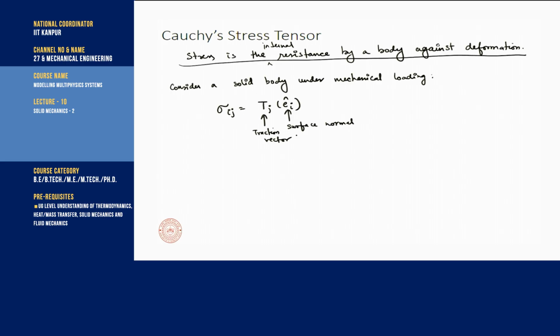Okay, so this is the definition. Sigma ij is a tensor quantity.